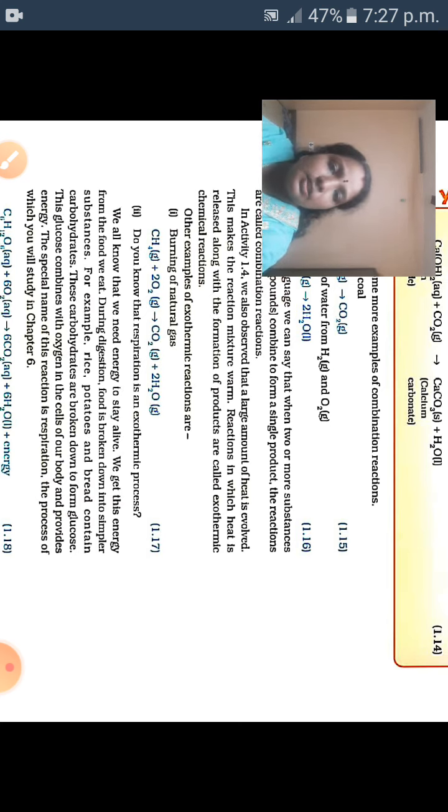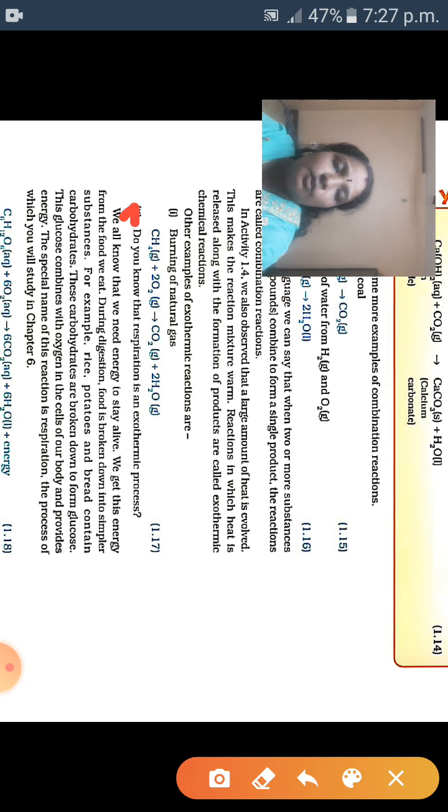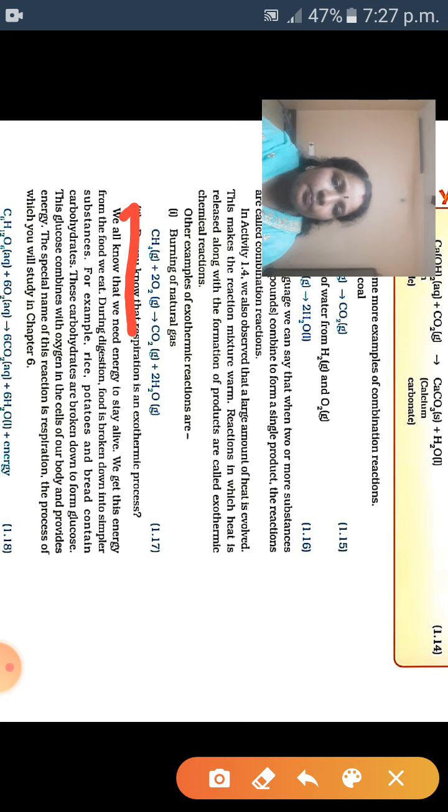Here CH4 means methane. Methane plus oxygen gives carbon dioxide and water, and a small amount of heat is also released. So this type of reaction is known as an exothermic reaction.